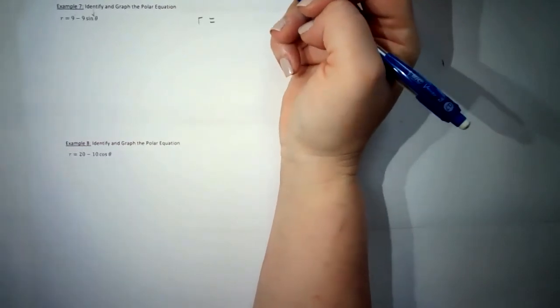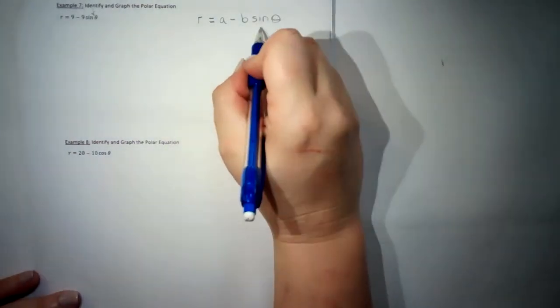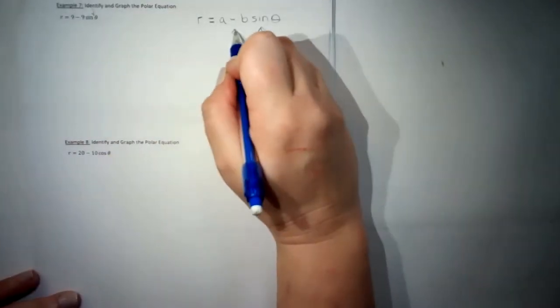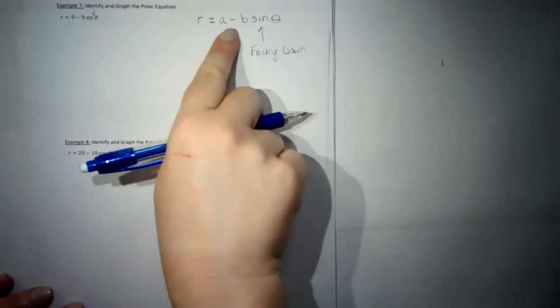Okay, so if we look up the formula for a limacon that has sine in front of it, then you're going to get a minus b sine theta, okay? The sine here and the minus here means it's going to be facing which direction? Down. Facing down. With a sine, it's got to be up or down. With the minus, it's going to be down, okay? Now we just need to compare a and b. Well, my a is 9 and my b is 9.